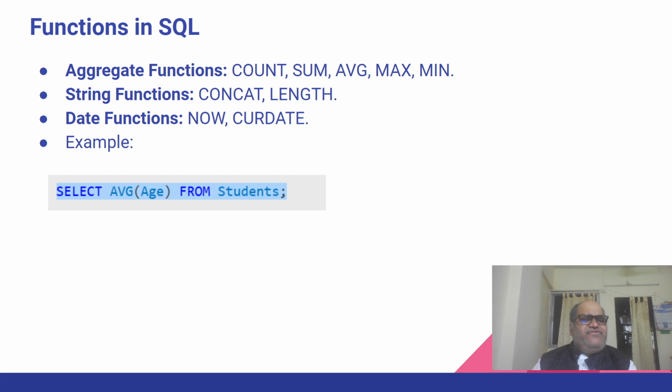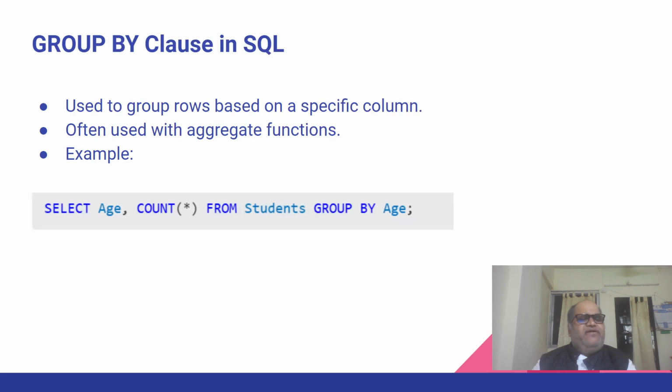So after introducing functions in SQL, let us look at another very important clause in SQL, that is group by. Group by helps group data based on specific columns, often combined with aggregate functions.